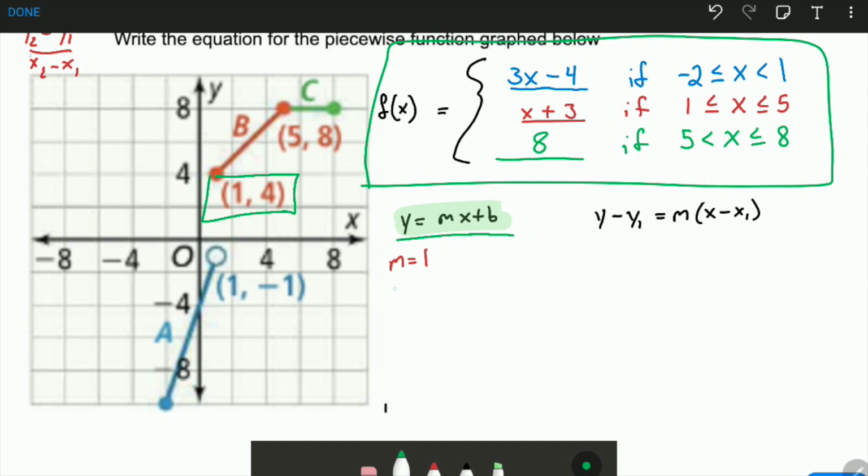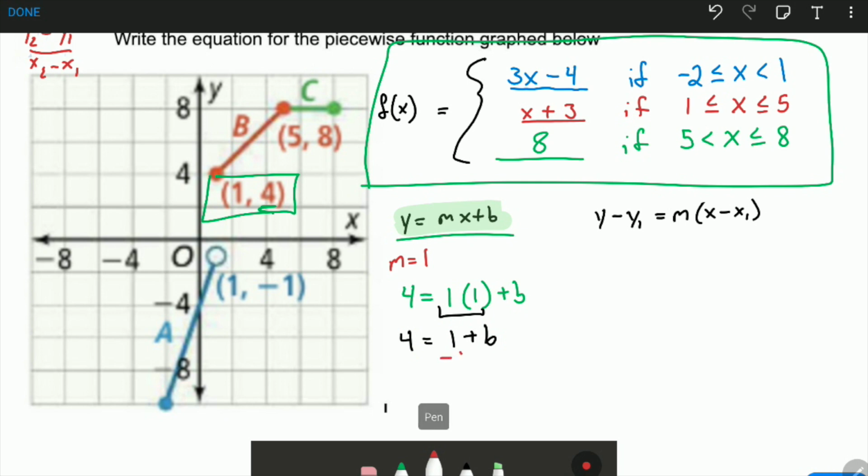So, our y value from our ordered pair is 4, so we're going to have 4 equals, my slope is 1, the x value from my ordered pair is 1, plus b. Simplify the equation, 1 times 1, so 4 equals 1 times 1, which is 1, plus b.